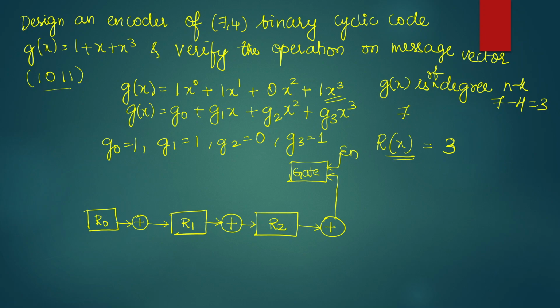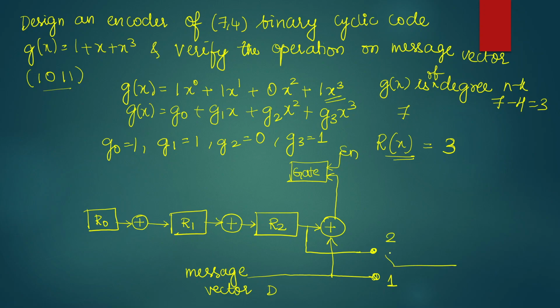To this modulo 2 adder, one input is from R2, and the other input will be from the message vector D that we will provide as input. So this is switch number 1, and the output of the last flip-flop will be the position for switch 2, where we are going to obtain the remainder polynomial coefficients. So this is going to be a toggle.